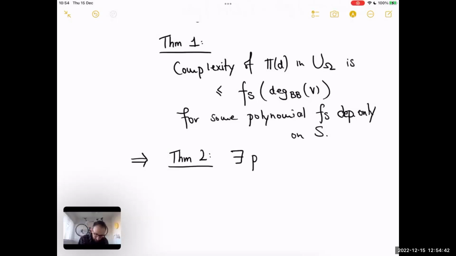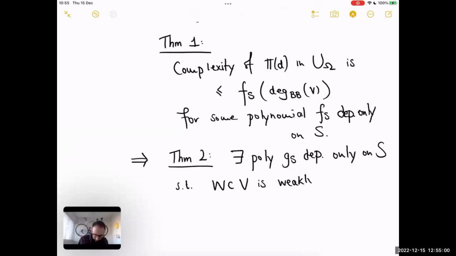So there exists another polynomial depending only on S, such that if W in V is weakly optimal, then the degree of W is bounded by a polynomial in the degree of V.